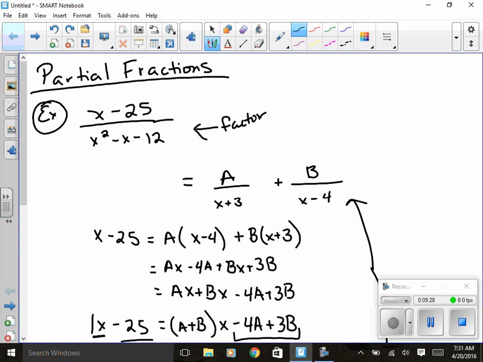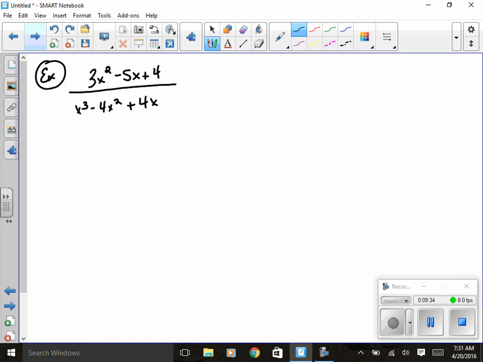If you look back at the first example, we had x to the first in the numerator and x squared in the denominator, which is why we don't have to divide that top part. But I'm going to go ahead and factor for my decomposition here.